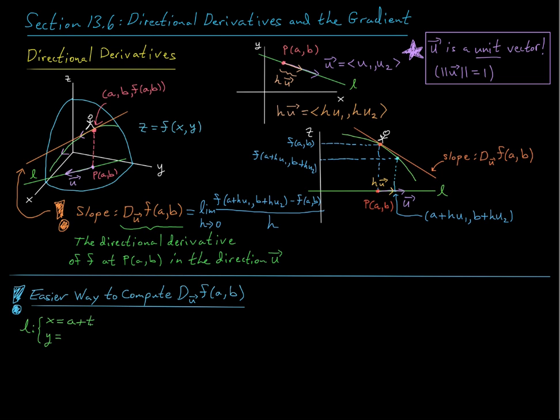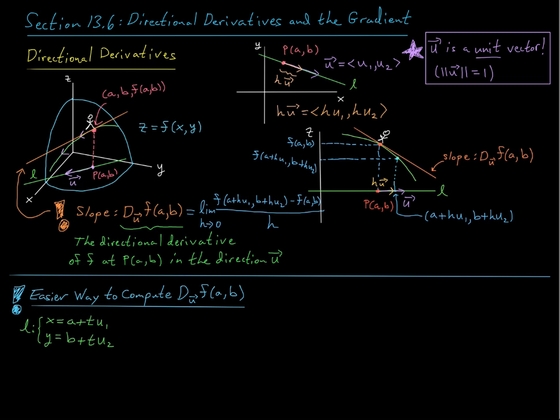Think about t as time, or just a more generic parameter, and that is multiplying the x component of the vector u. And then likewise for y, this is just the initial y plus the various multiples of the y component of the vector u.